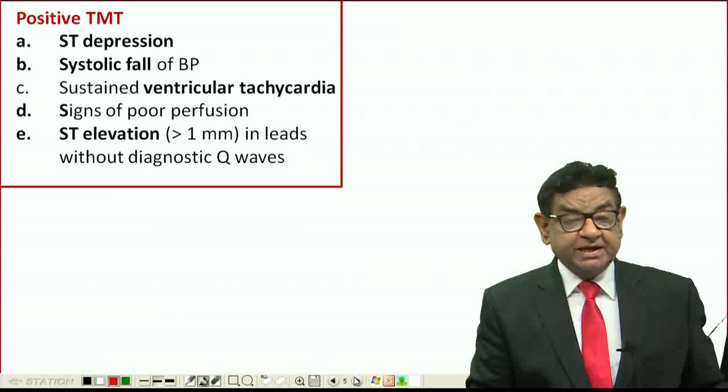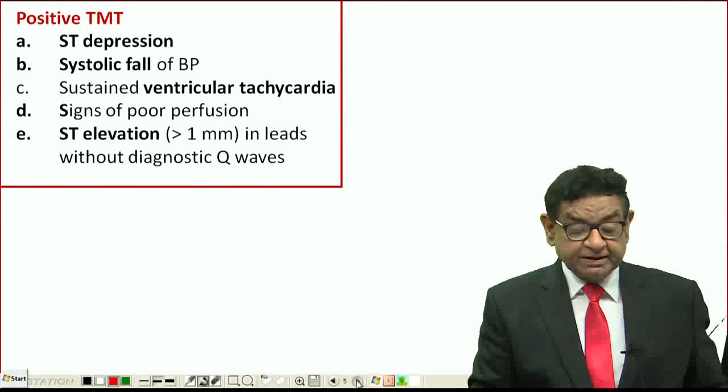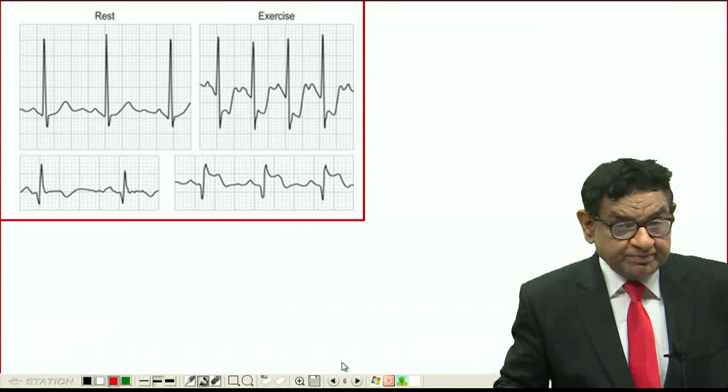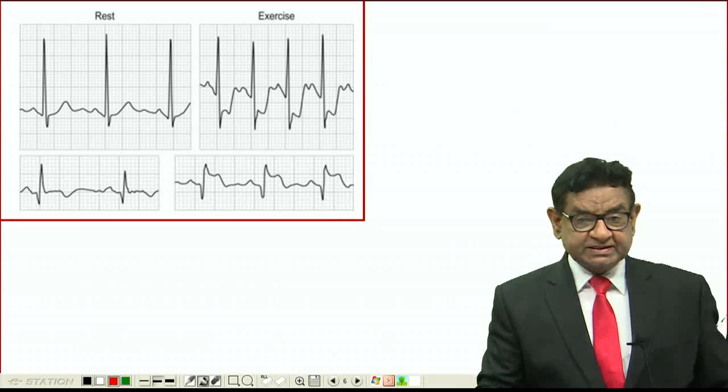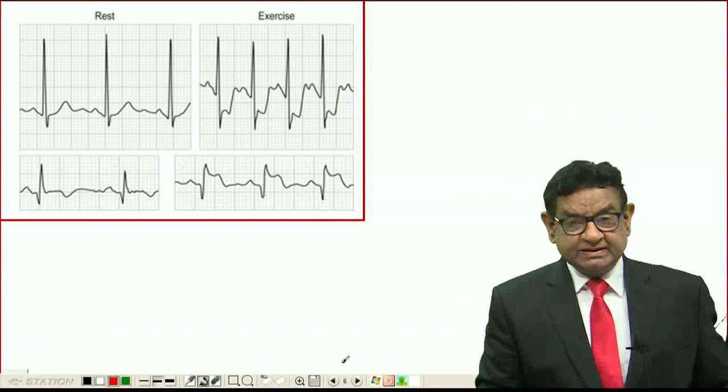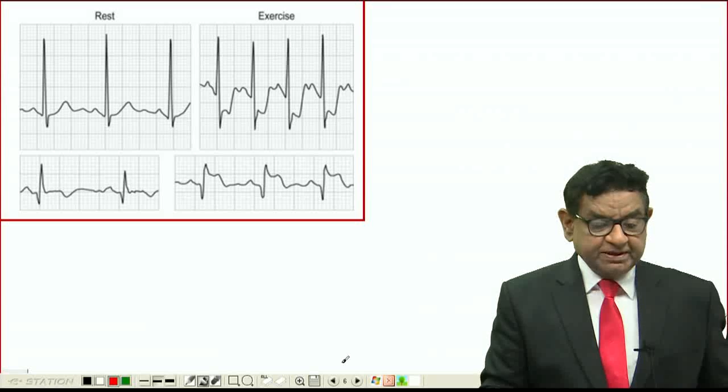So those are the criteria of positive TMT. Of course, there are some conditions where we may get false positive or false negative; I'll discuss that very shortly. Now let's see what we get in the TMT test.